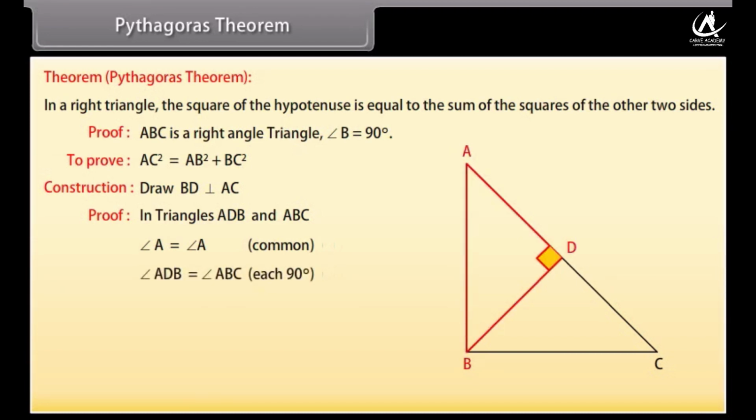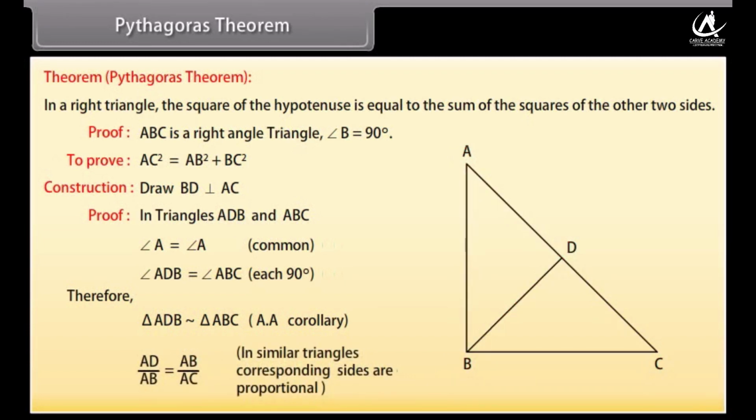Angle ADB is equal to angle ABC, each 90 degrees. Therefore, by AA corollary, triangle ADB is similar to triangle ABC, which implies that AD upon AB equals AB upon AC, because in similar triangles, corresponding sides are proportional.